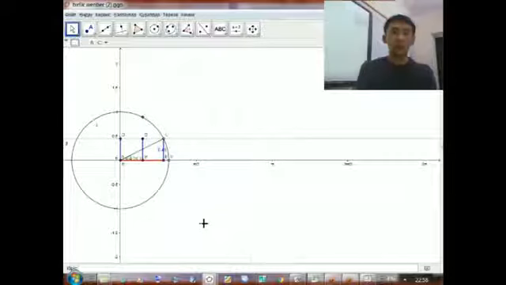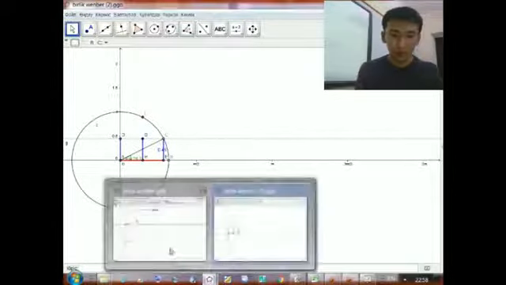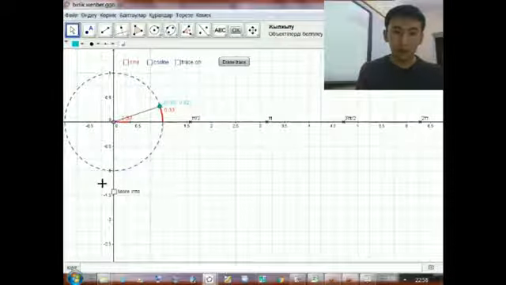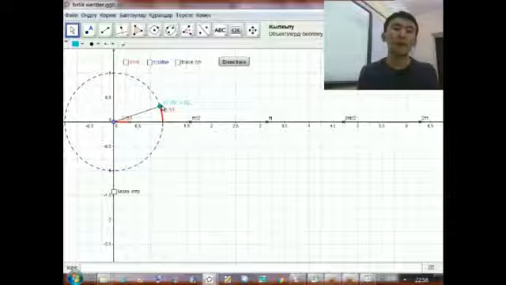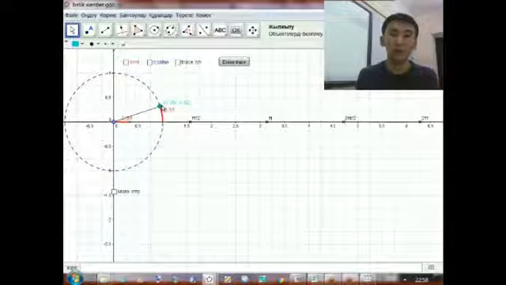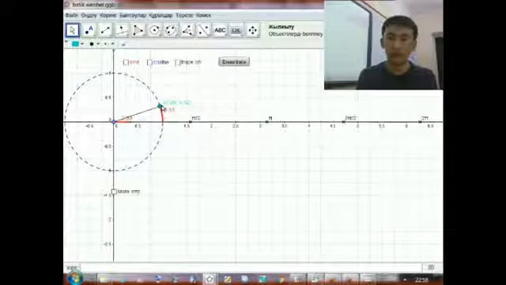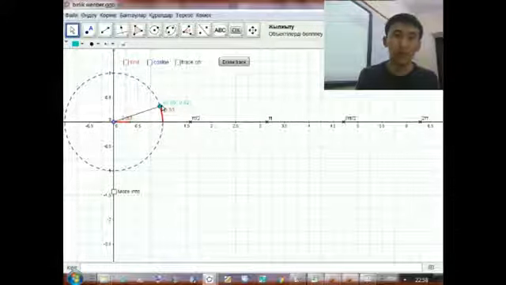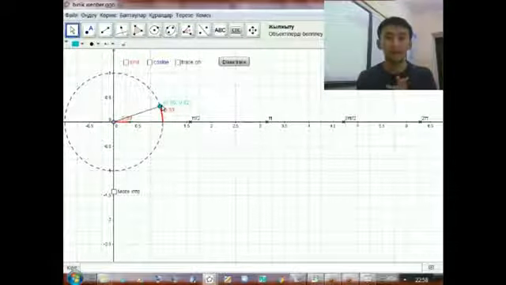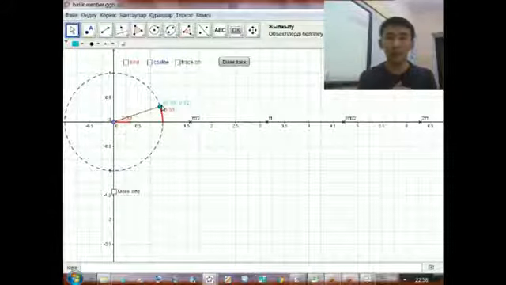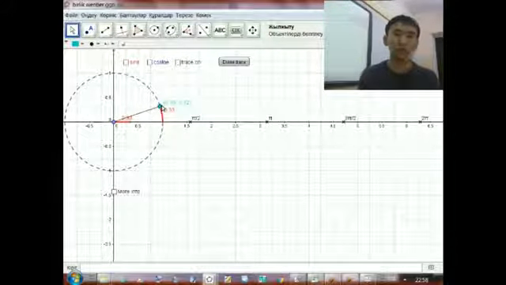Okay, trigonometric ratios on the unit circle. If you remember, we said that we can find the values for the sine, cosine, tangent, and cotangent functions with the help of the right triangle. Sine is the ratio of the opposite side to the angle and to the hypotenuse of the triangle.